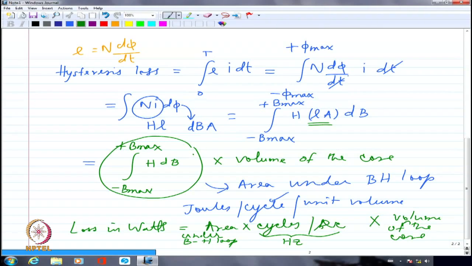That is the reason why very high frequency transformers, which are used in switched mode power supplies and so on, will not use a ferromagnetic core. Rather, they might use cores which are viable for high frequency operation. For example, if I have a lot of iron filings, you know what filing is, right? If I have a lot of powdered iron, I deposit it into another non-magnetic hollow core.